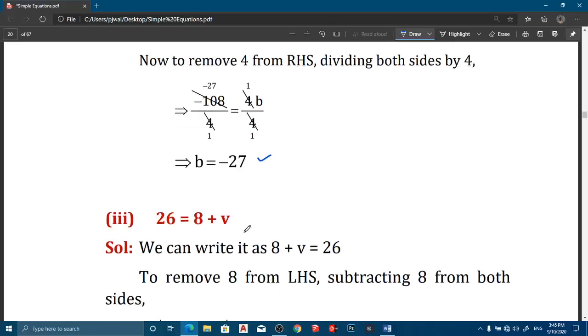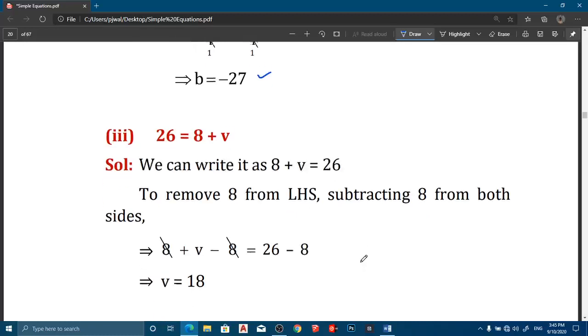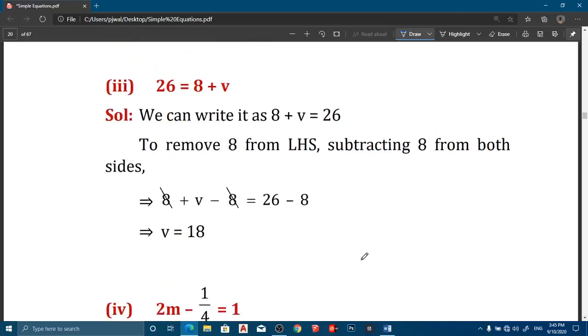Okay, now 26 is equal to 8 plus b. If the equation is given like this in the reverse format, you can write this by transposing directly, left to right and right to left. So it gives 8 plus b is equal to 26. Now we want only the b value on the left side.